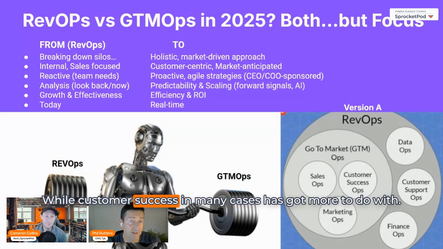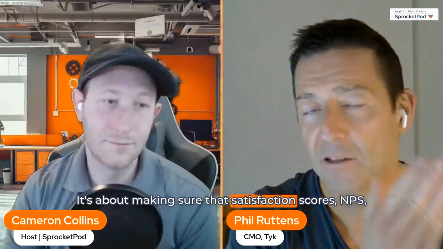While customer success, in many cases, has got more to do with account management, post-sales, could be partly a role of expanding, but usually it's about satisfaction, right? It's about making sure that satisfaction scores, NPS, etc., are good during the onboarding, but also after.